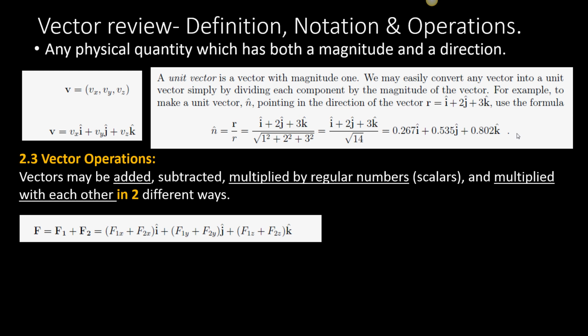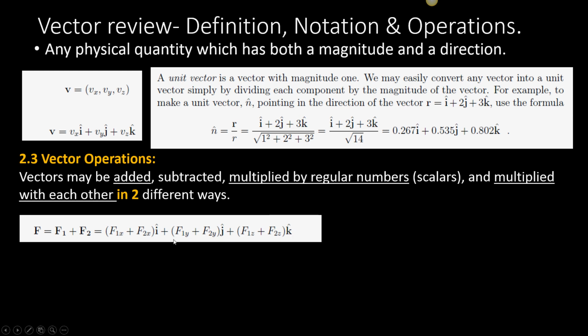But notice that each of those vectors, 1 and 2, could have been written as a sum of vector 1 in the x direction, vector 1 in the y direction, and vector 1 in the z direction. Each of those would have been times the direction they are in Cartesian coordinates, that is along the x direction or the y direction or the z direction.